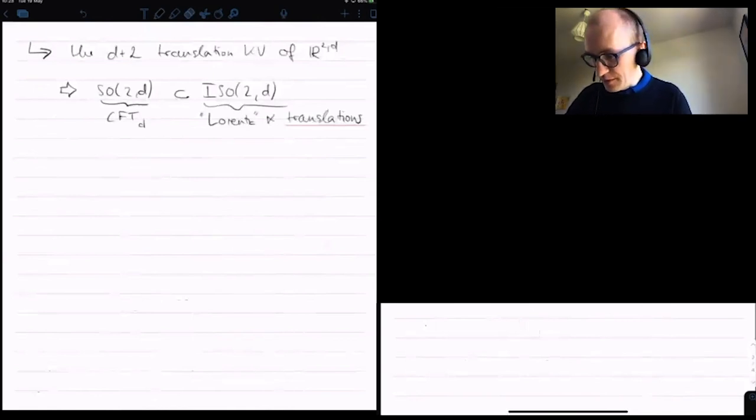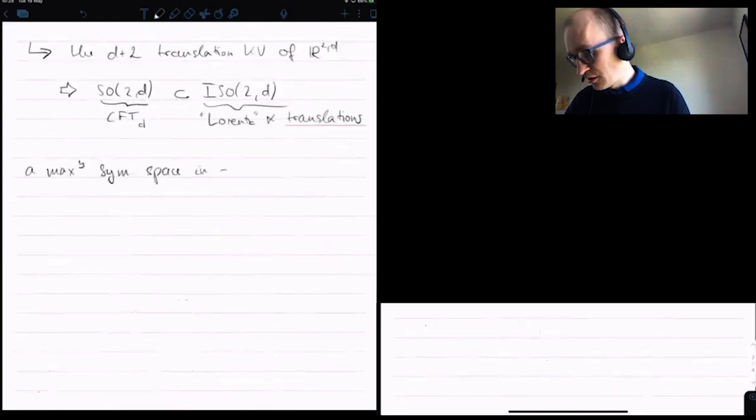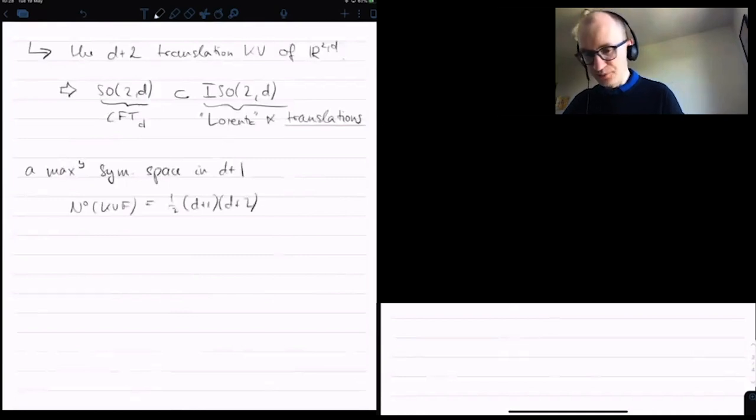If you say a maximally symmetric space in d+1 dimensions, this has a number of Killing vector fields, which is actually 1/2 (d+1)(d+2), which agrees with the dimension of SO(2,d).